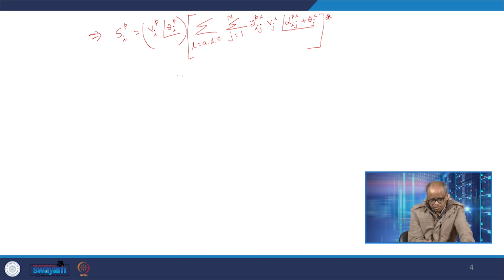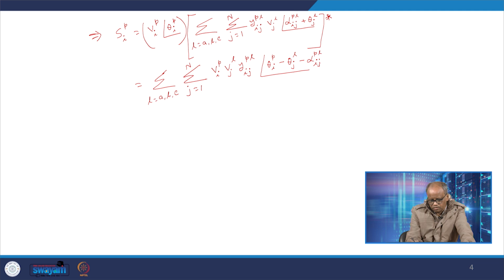So we can simply take the conjugate inside, and this turns out to be the summation over l in a, b, c and j from 1 to n of |V_i^p| |V_j^l| |Y_ij^pl| angle (theta_i^p minus theta_j^l minus alpha_ij^pl). This is equal to P_i^p plus jQ_i^p.